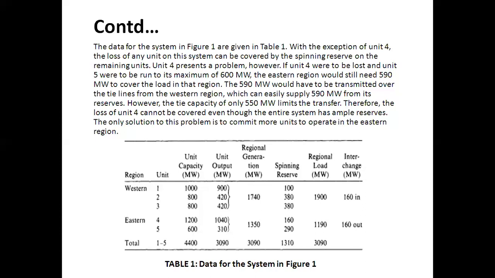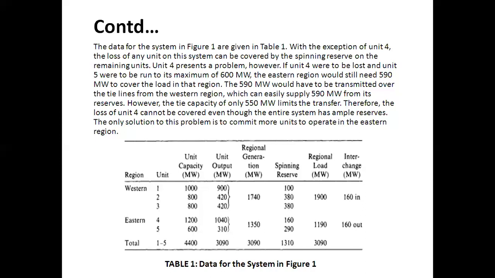Now, in the case of the western region, what is the regional load? 1900. And what is the western region generating? 1740. So what is the deficiency? The deficiency is 1900 minus 1740, that is also 160 megawatt.